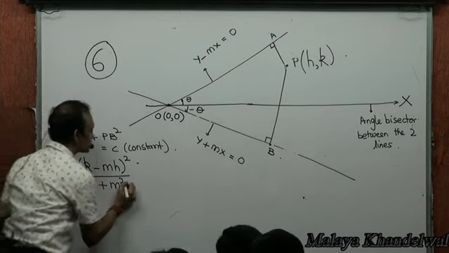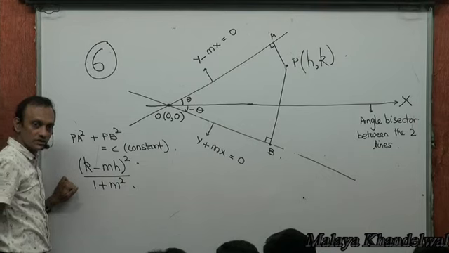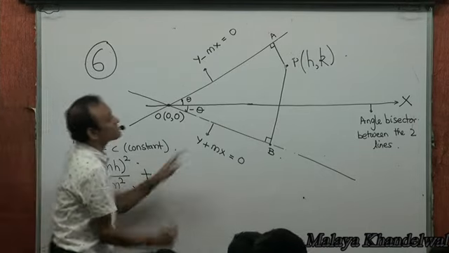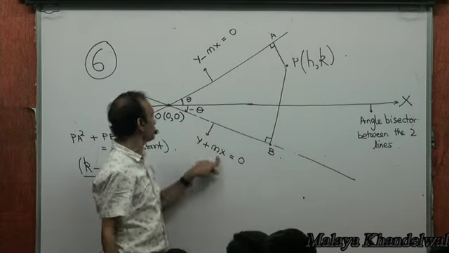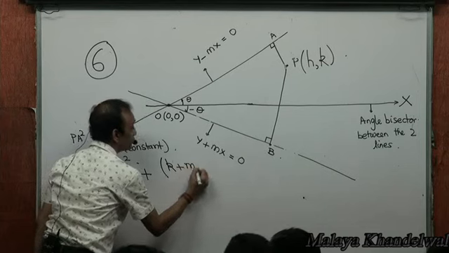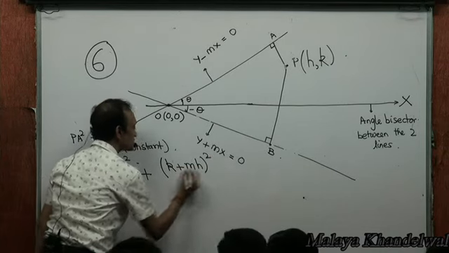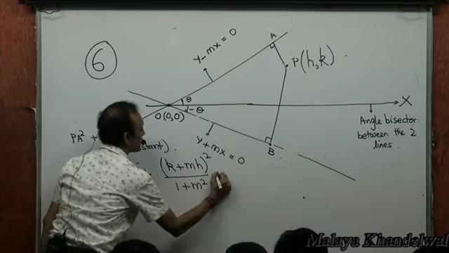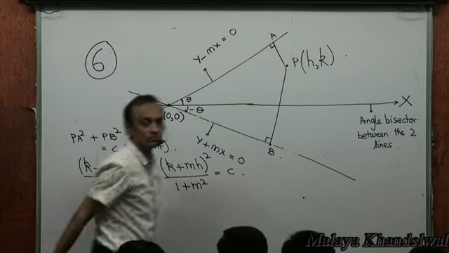Square of the distance of this point from this line, (k plus mh) whole square, I hope you haven't forgotten all these results. And that's equal to C. Yes or no?